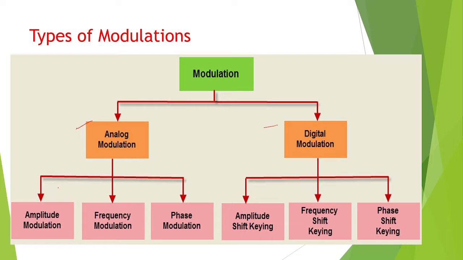In analog modulation, the different techniques are amplitude modulation, frequency modulation and phase modulation. Coming to the digital modulation techniques: amplitude shift keying, ASK, frequency shift keying, FSK, and phase shift keying. Now we are going to discuss amplitude shift keying, ASK.